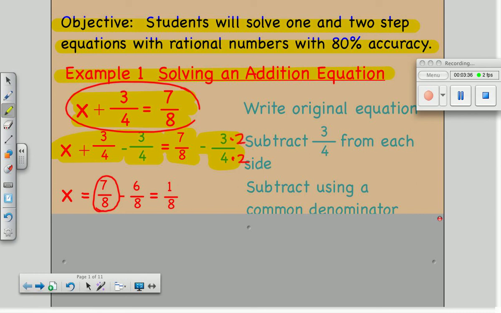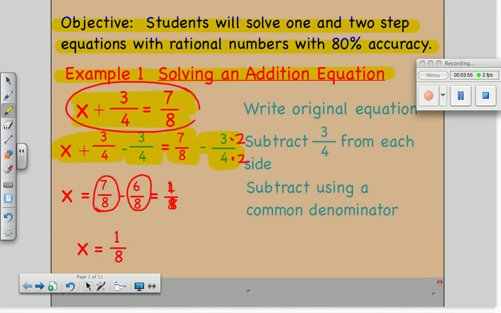What's 3 times 2? 6. And 4 times 2? 8. That's where I got this 6/8. Now I can subtract them. To subtract, we just subtract numerators. 7 minus 6 is 1. I use the same denominator, 8. So our answer is 1/8. x equals 1/8.